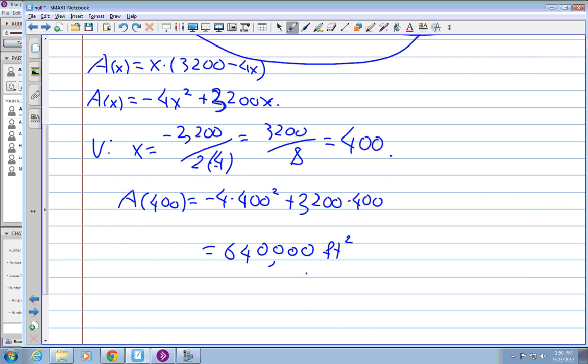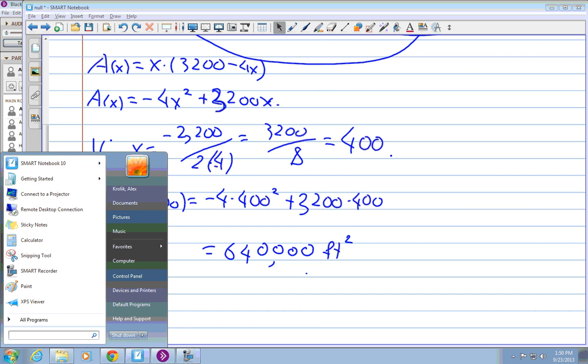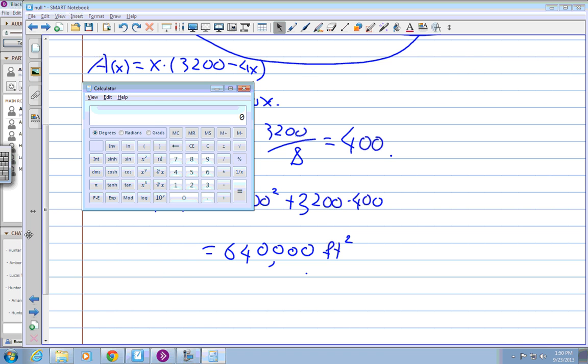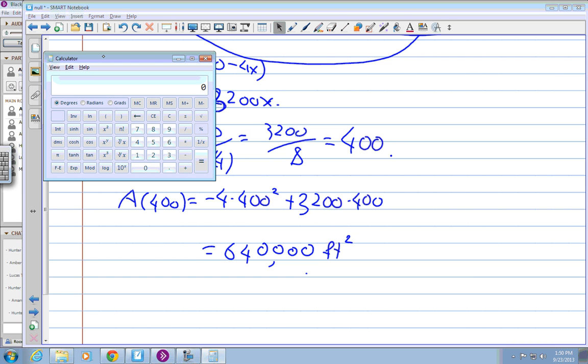If we plug it in our calculator, where's my calculator? 3200 times 400, 128, 4 zeros. Minus, okay, I'm not sure whether this thing is smart enough. Negative 4 times 400 squared, right?